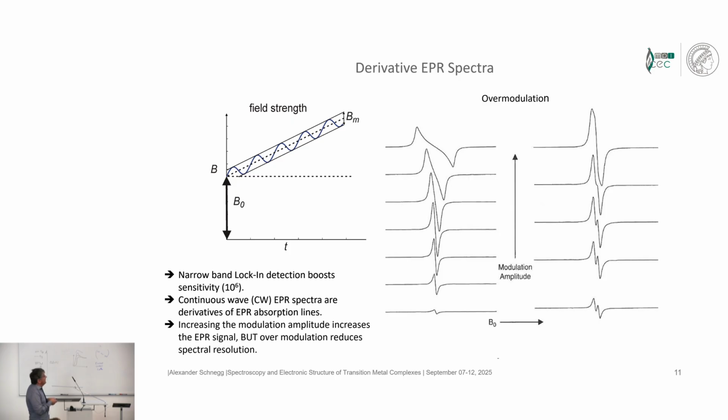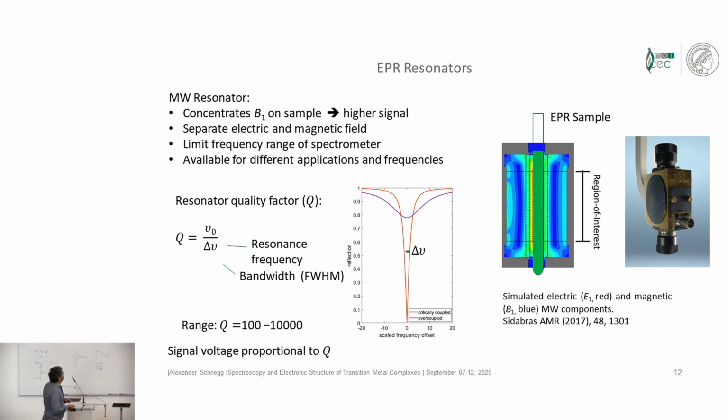However, here we have lost our resolution, and this is oftentimes not wanted. Therefore, and this is a sample-specific parameter, you have to adjust it on a particular sample. If you have very broad lines, you can afford very large modulation amplitudes and boost your signal. However, if you have tiny splittings, then you have to be careful with your modulation amplitude.